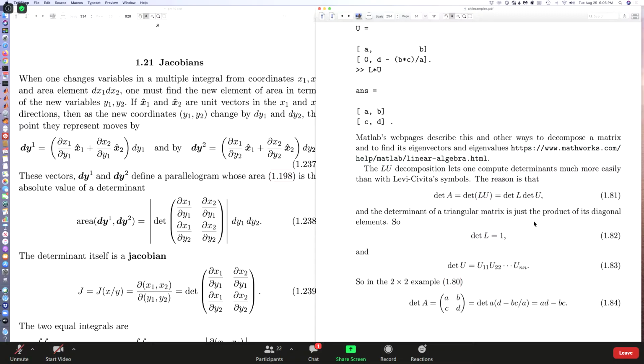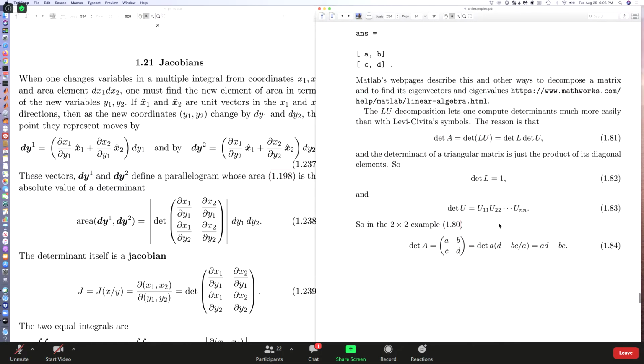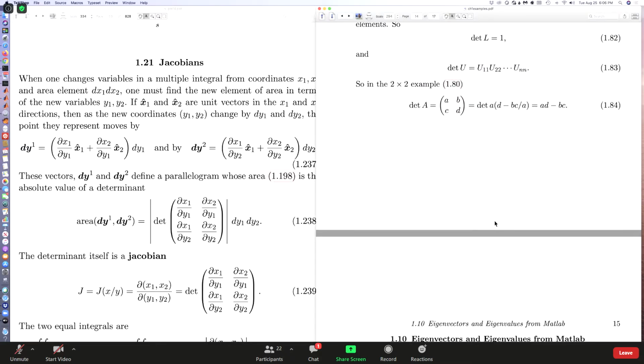Well, now, you don't want to do that by hand, but if you do it either laboriously by hand or you let Matlab do it, you can then compute the determinant by just taking the product of the diagonal elements. That's just multiplying 20 numbers together. And it's just ever so much simpler. And in the 2 by 2 example, the determinant is that, which is what we had earlier.